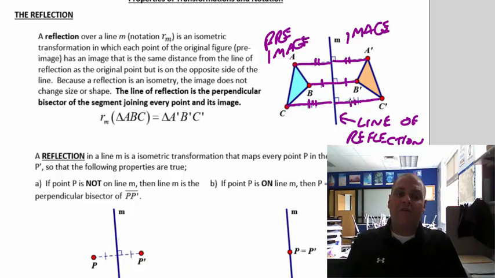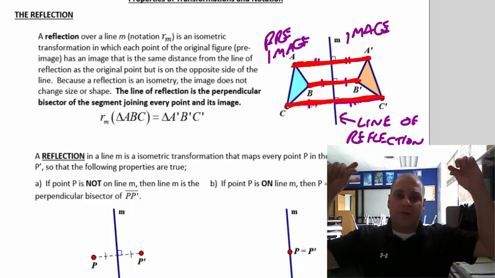However, you'll also notice that the distance from A to A prime is not necessarily the same as B to B prime. This is longer than this, and C to C prime is even longer. See that?